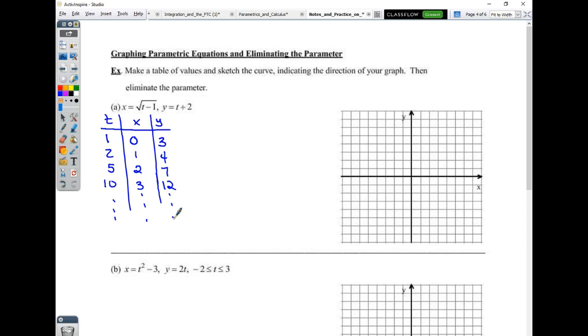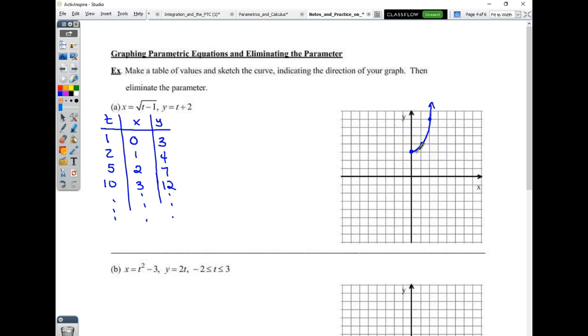So now we go and graph the points. I'm going to graph the ordered pairs that have resulted from these individual T values: 0, 3, 1, 4, 2, 5, 6, 7. Then I realize I'm going to have to keep going, so I wind up getting something that looks like that.